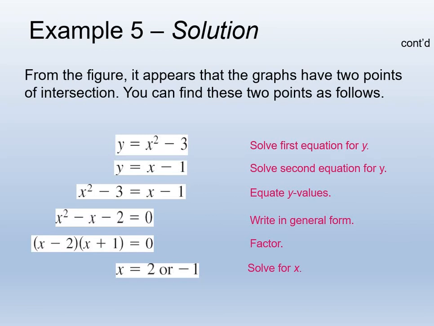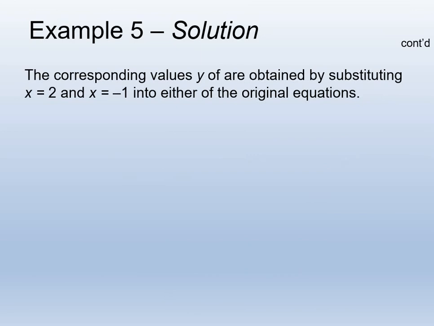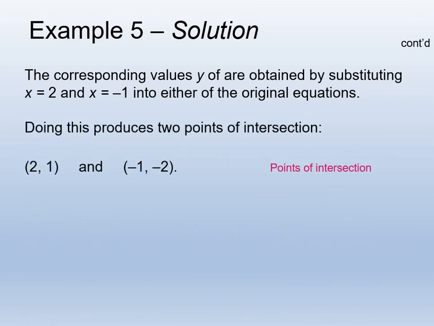When we substitute in 2, we get back 1 for y, so our first point of intersection is (2, 1). When we substitute negative 1 in, we get negative 2 back, so our second point of intersection is (-1, -2).